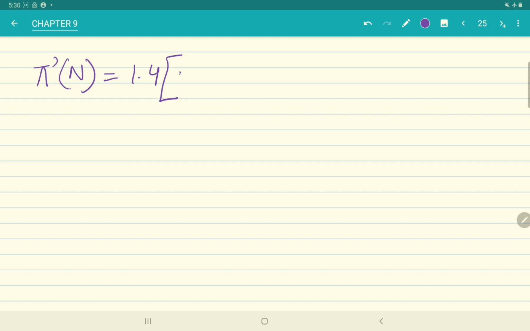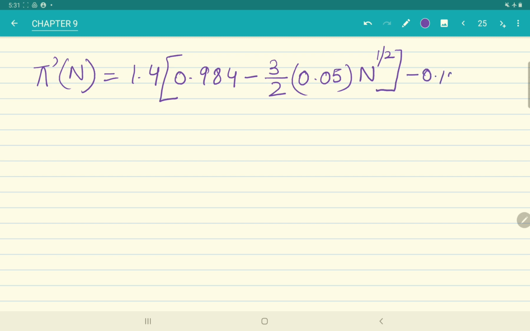I then write 1.4 times 0.984 minus 3 by 2 times 0.05 n raised to the power 3 by 2 minus 1, so it will be 1 by 2, minus 0.18. This should be equated to 0.